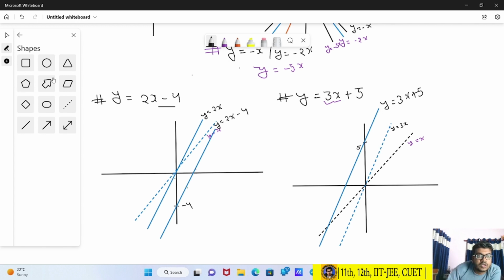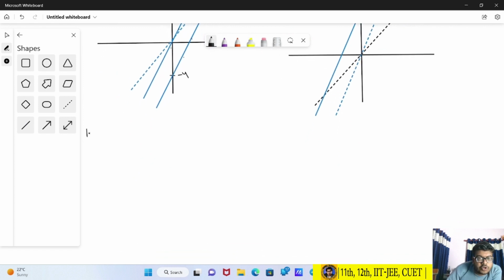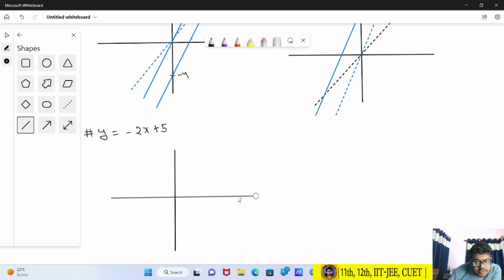Now someone says draw the graph y is equal to minus 2x plus 5. So we draw coordinate axes.